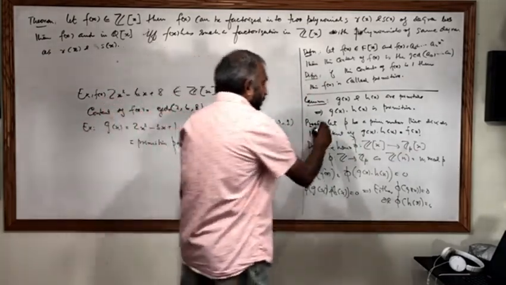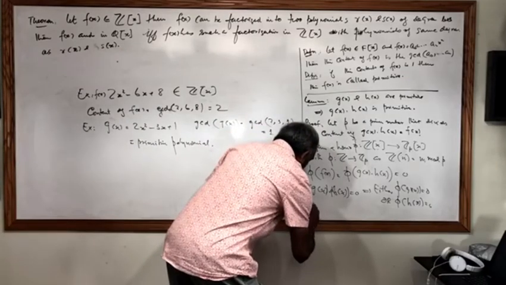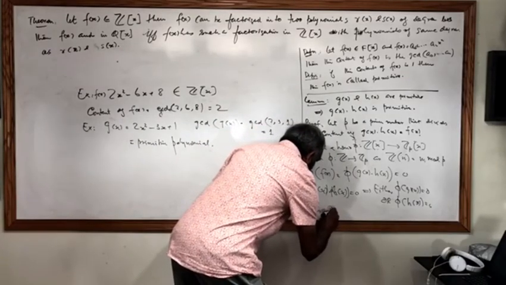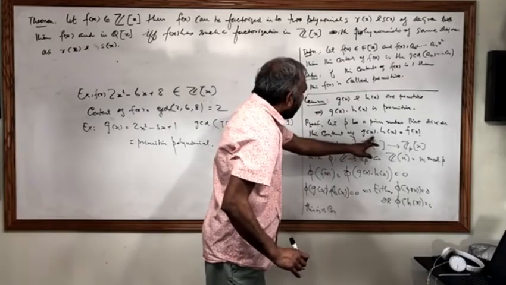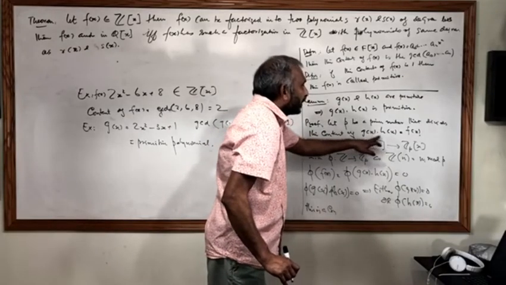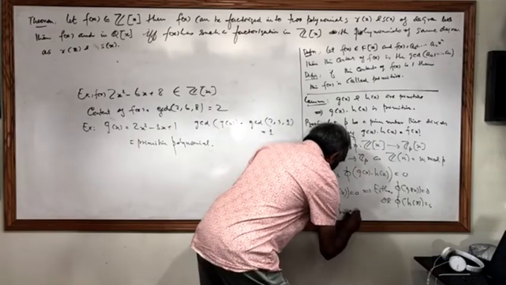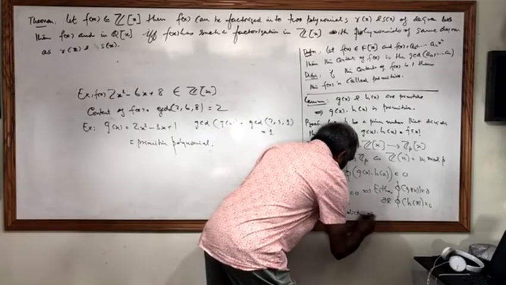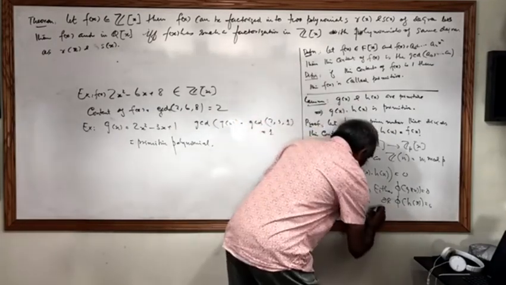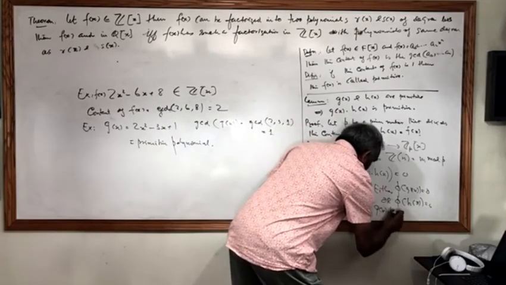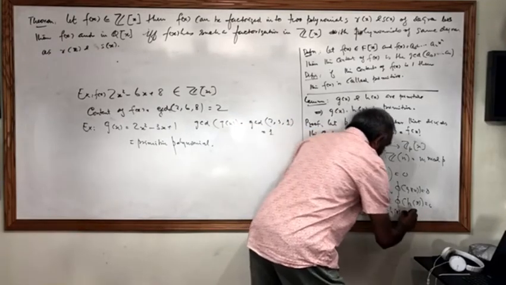This is a contradiction because we don't want zero factors. This is a contradiction, and that implies g(x) times h(x) is primitive.